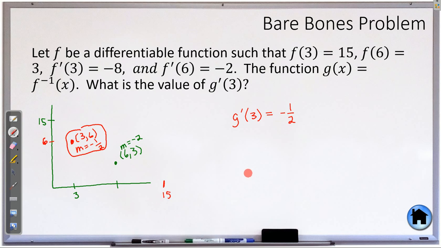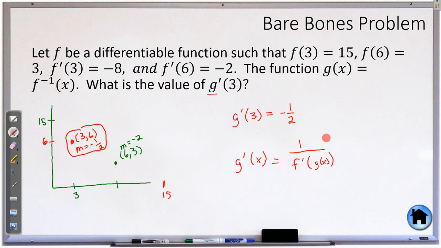If you wanted the formula for that, there is a formula. The inverse's derivative, I'm going to use g just like they use g, is equal to 1 over f prime of g of x. Okay?